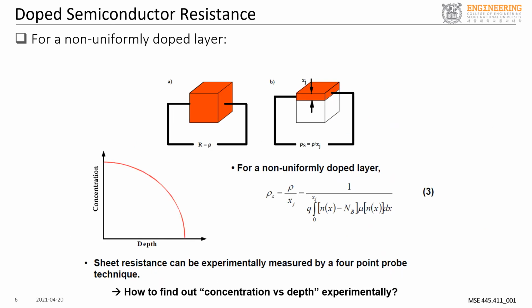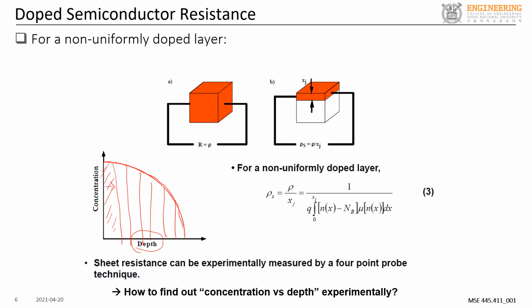If it's not uniform along the depth, so the concentration of dopant is changing with depth, you can see this as resistances in parallel. For these small regions, if you make them small enough, they have uniform concentrations.